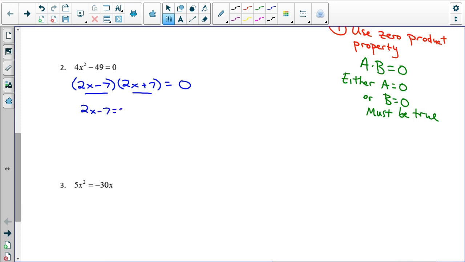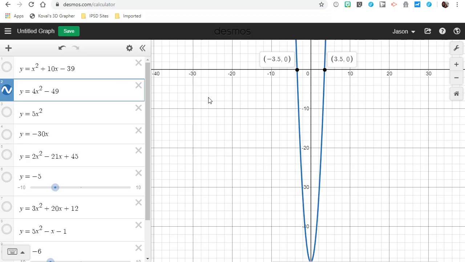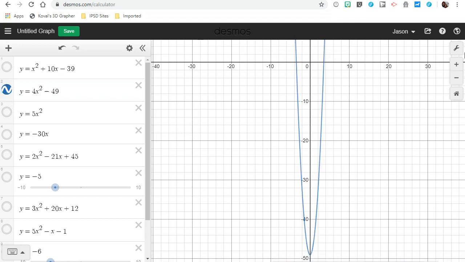So 2x minus 7 equals 0, and 2x plus 7 equals 0, which means that x equals 7 halves, or x equals negative 7 halves, are my two solutions. If we look at 4x squared minus 49, we see that the x-intercepts are negative 3.5 and positive 3.5, which are the same thing as plus or minus 7 halves.